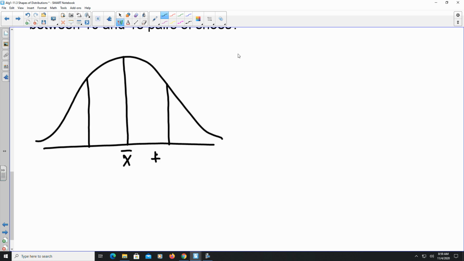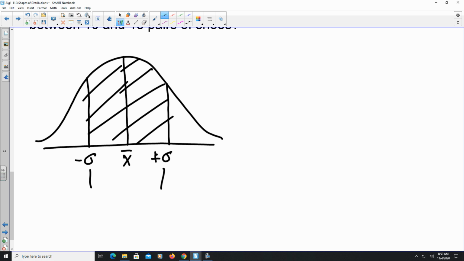So this is going to be plus the standard deviation, and this is going to be minus the standard deviation, whatever it happens to be. The stuff that I just lined up here makes up 68% of the data within one standard deviation of the mean.